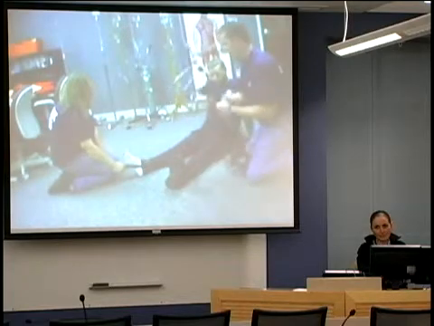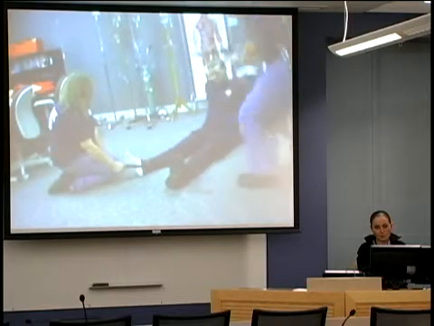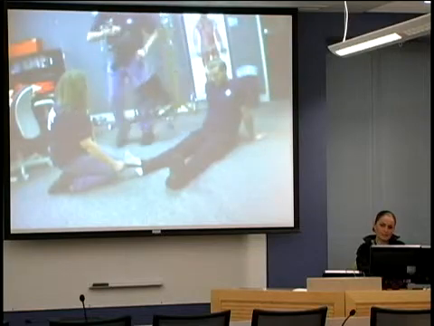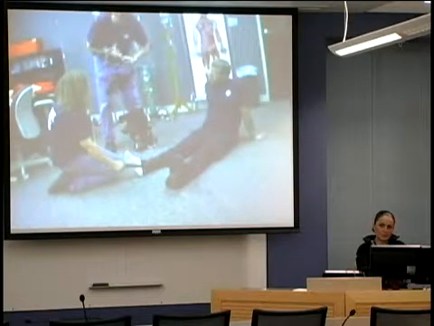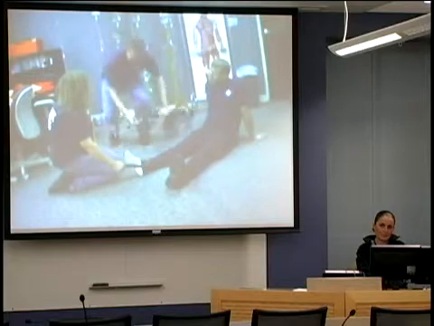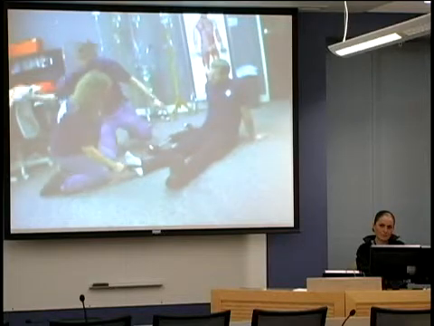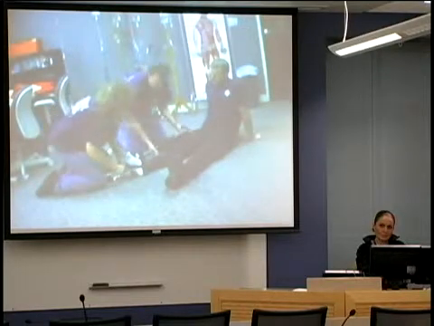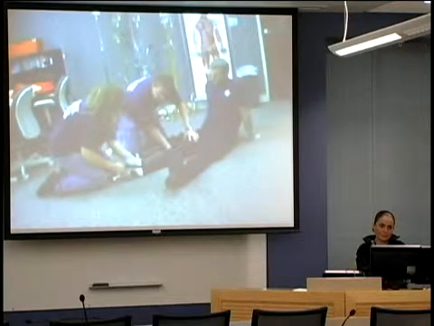Tighten it down. We're going to come back over to the injured leg. And on the count of 3, we are going to lift the leg and place the device.